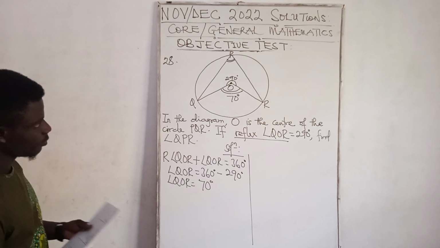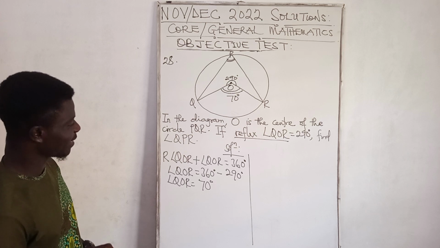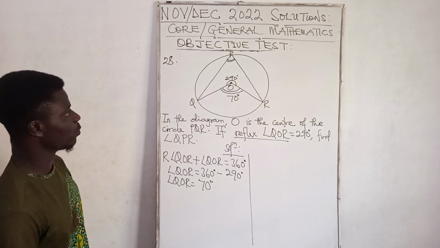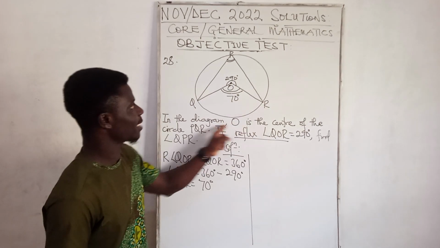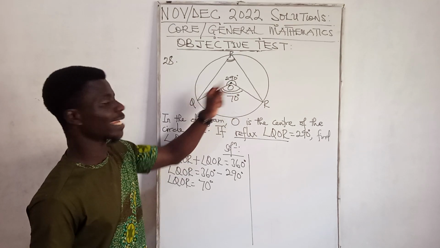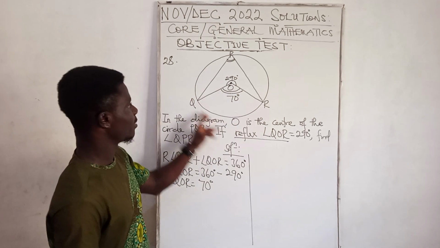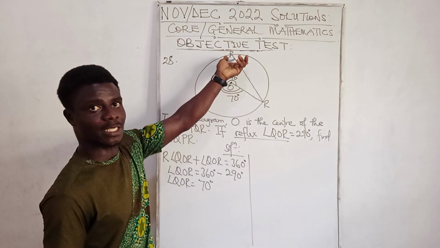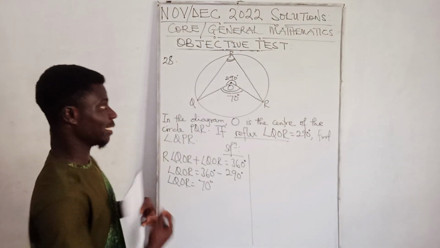Now we can proceed. If here is 70 degrees, how can I find my angle QPR? Twice the angle an arc subtends at the circumference is equal to the angle this arc subtends at the center.